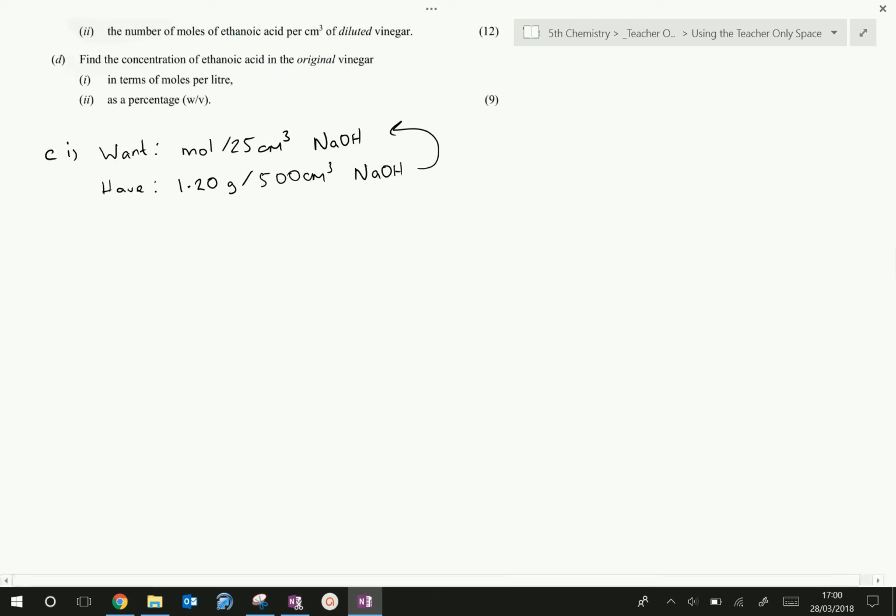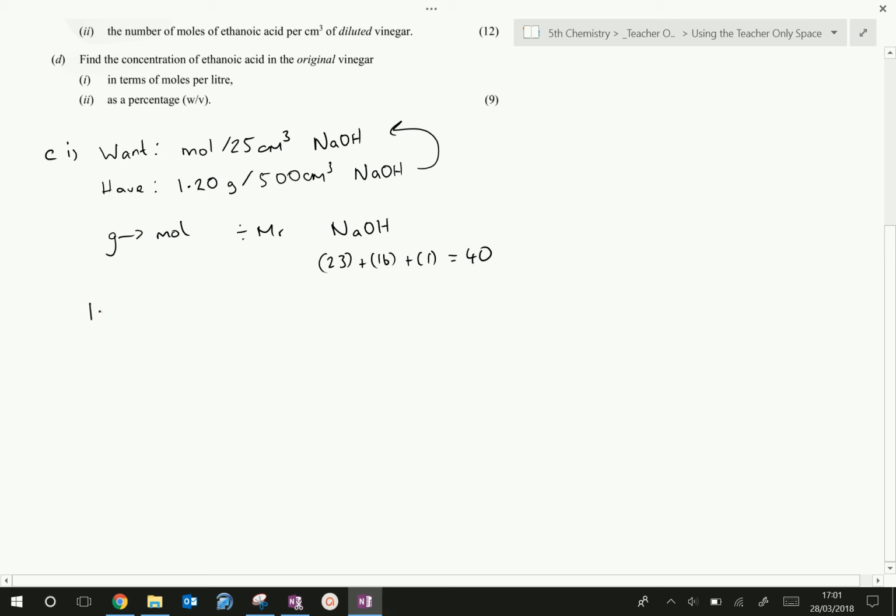In order to do that, I have to go from grams to moles, and to go from grams to moles, I have to divide by the molecular mass. So the molecular mass of sodium hydroxide: we have a 23 for the sodium, a 16 for the oxygen, and a 1 for the hydrogen, and that gives us 40 when we add those together.